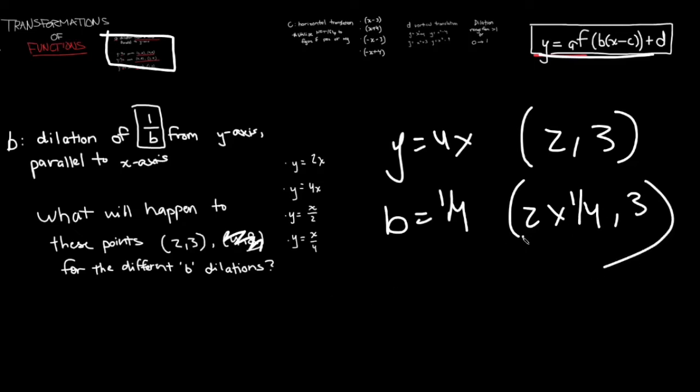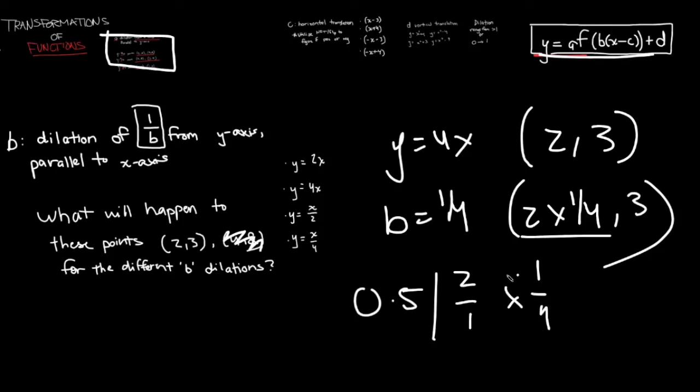So this is a bit hard for me to do. I know it's 0.5, but I'll show you how to do it. So it's the same as 2 over 1 times 1 over 4. So you just times everything. So 2 times 1 is 2, and 1 times 4 is 4, and that is equal to 1/2, which is 0.5.